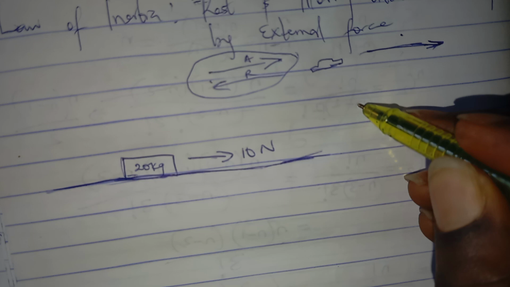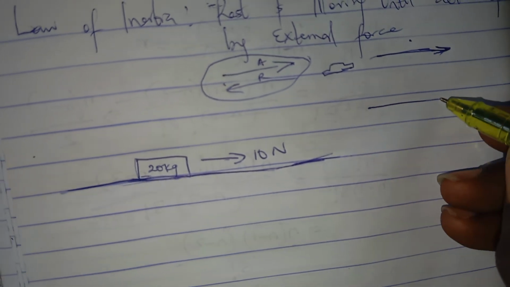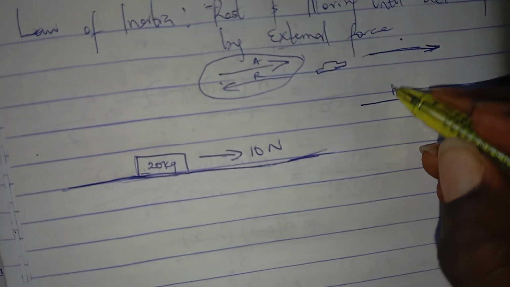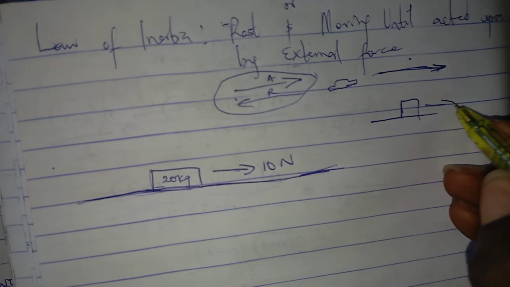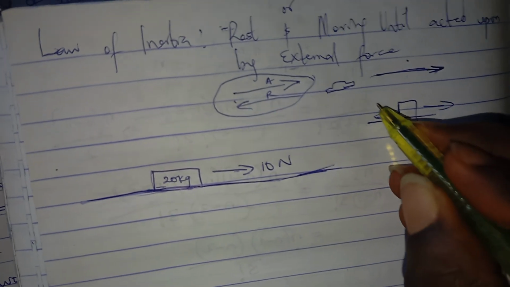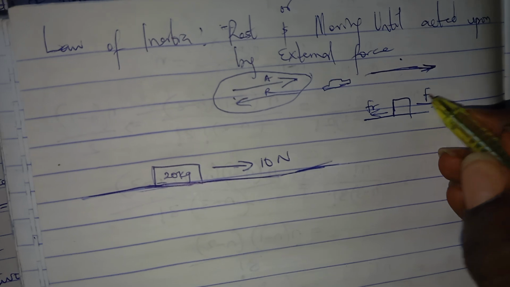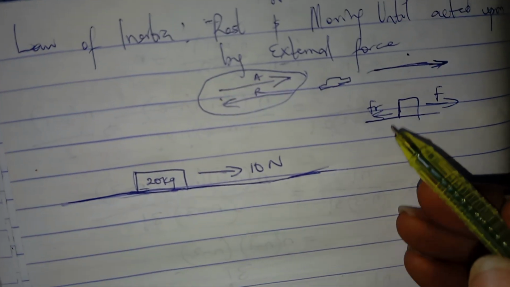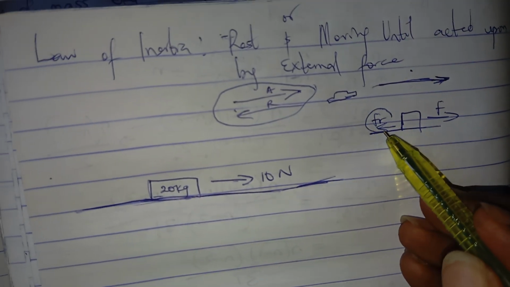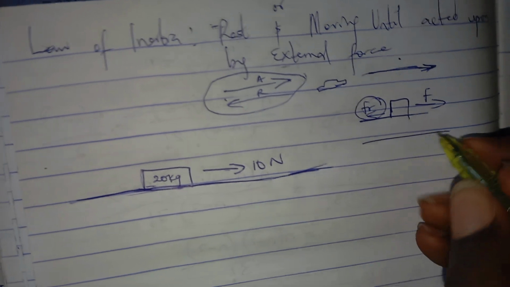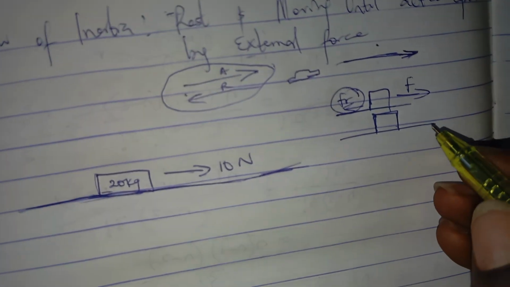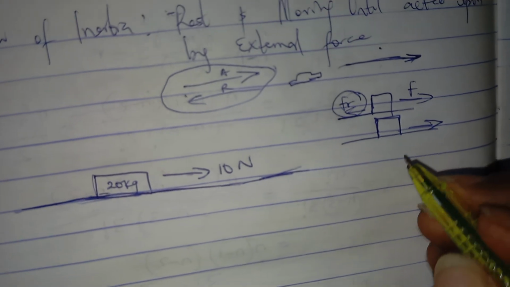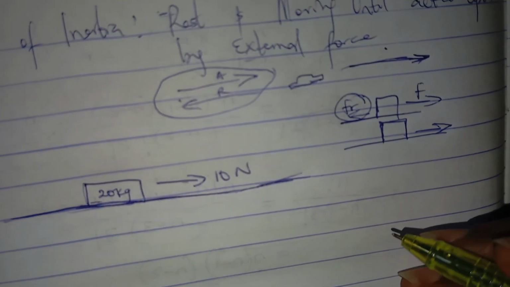Whenever a body is being acted on horizontally, if it's one body, there are two forces acting on it, the forward force and the frictional force. But provided friction is not mentioned, a body moving on a horizontal surface is acted upon by just the forward force, which is the action force.